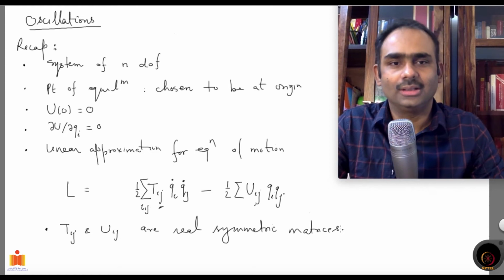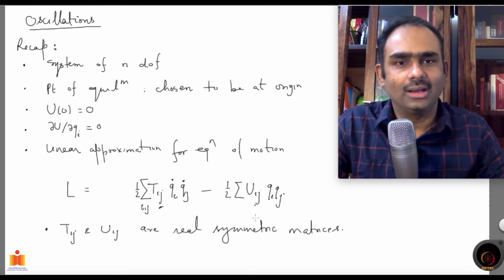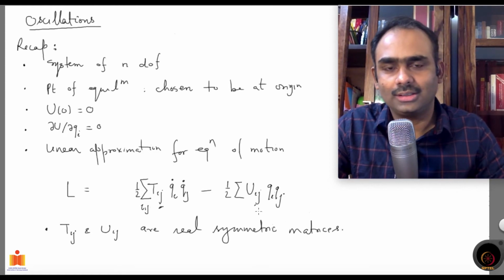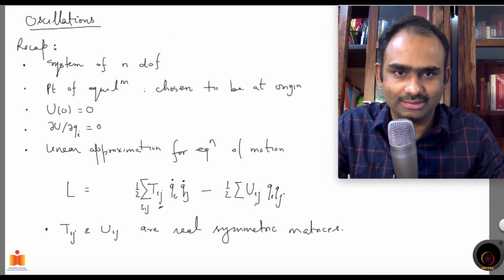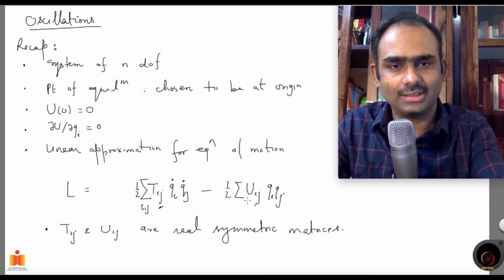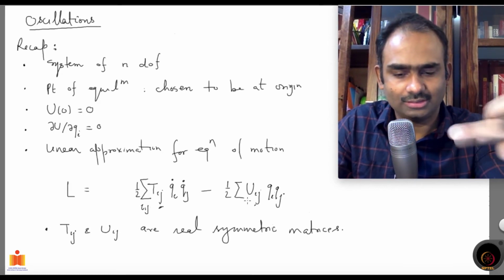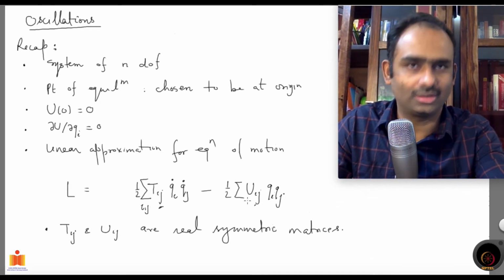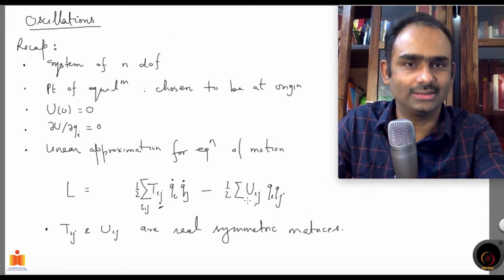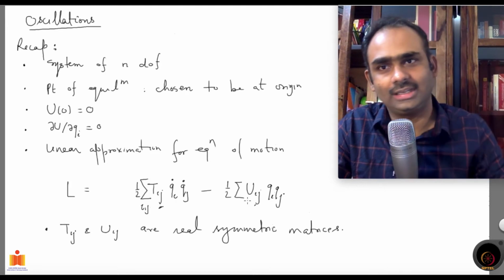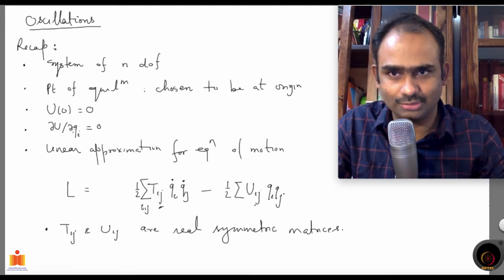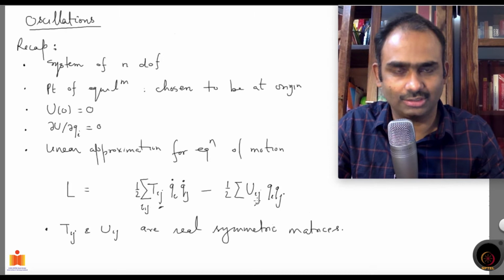Now also recall that I did not make any assumption about this Uij. Remember, this was appearing as a second order term in Qi's. The first term was U of 0 and the second term involved del U over del Qi, which went to 0, and this was the first non-zero term.